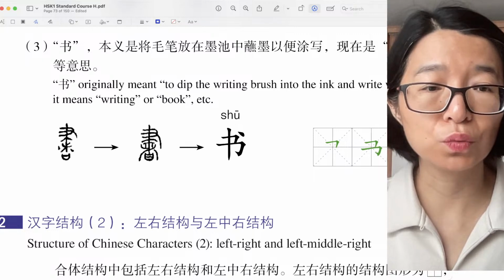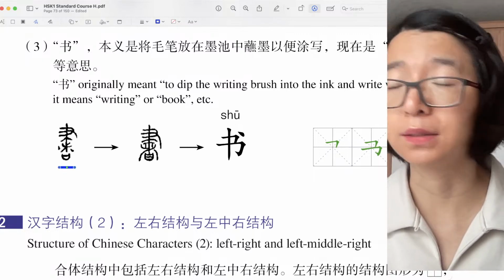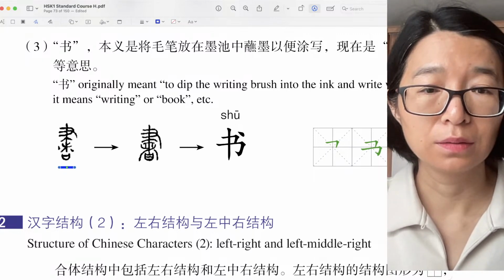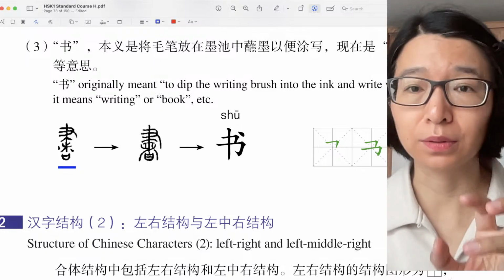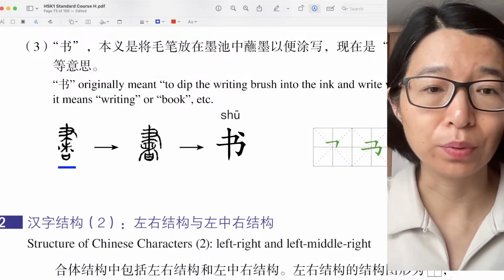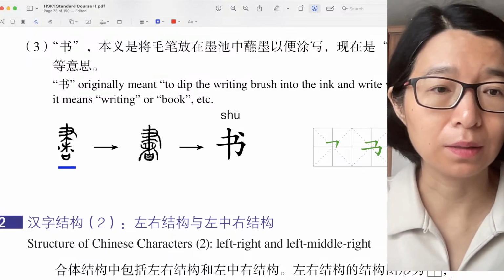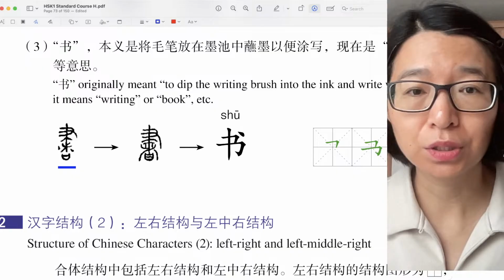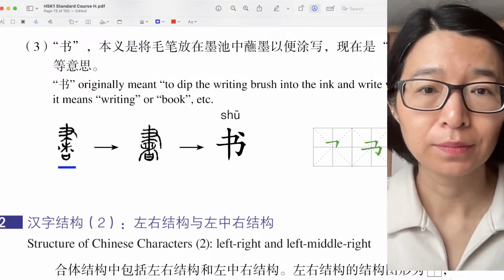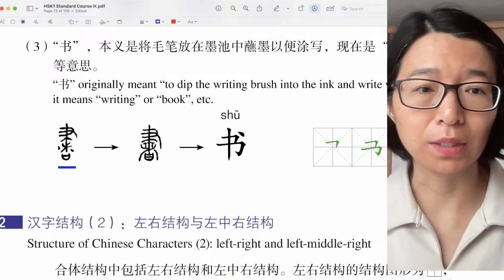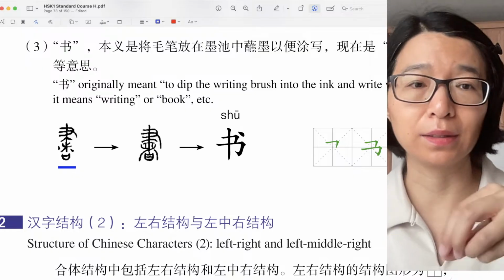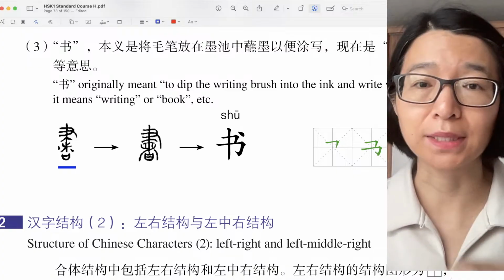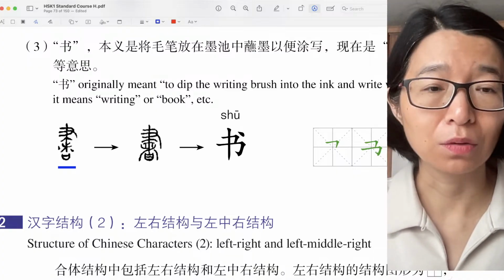Okay, this one, 书. Oh, it's quite complicated, right? Yeah, because in old days for books, we need to put the brush and dip into the ink and then write with it. So it looks like the whole process of doing it. Okay, that is 书.